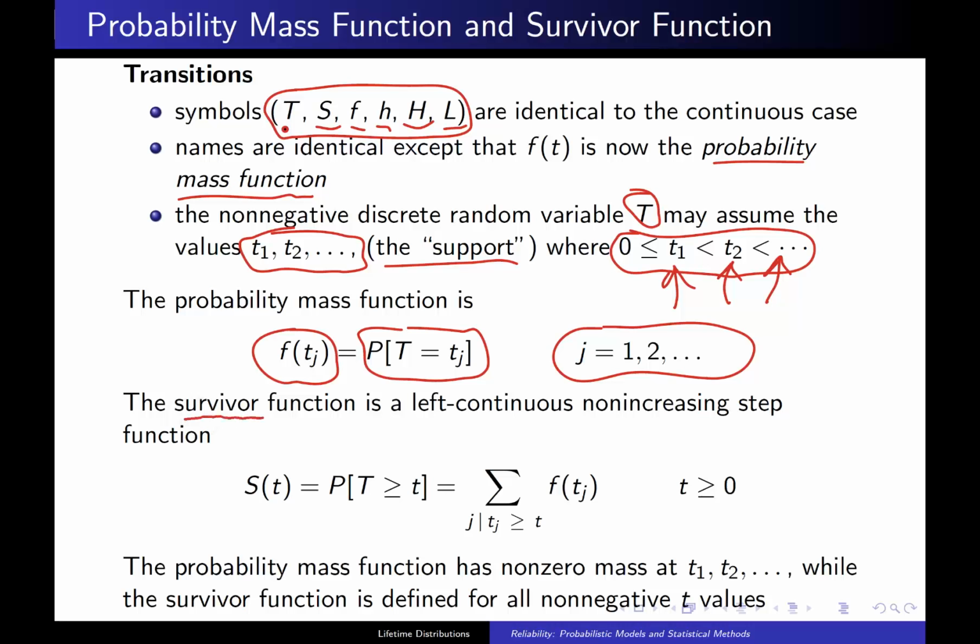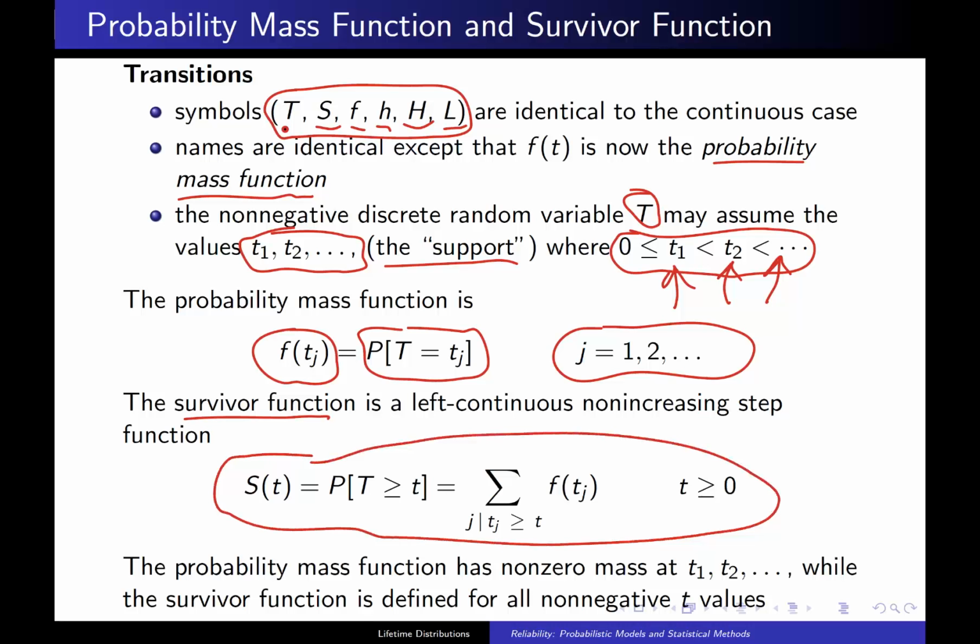The survivor function is a left continuous non-increasing step function, and here is its definition. This part of the definition right here is identical to the continuous case, but this time, instead of working an integral from t to infinity, we have a summation of all of the mass values from t to the right of t.